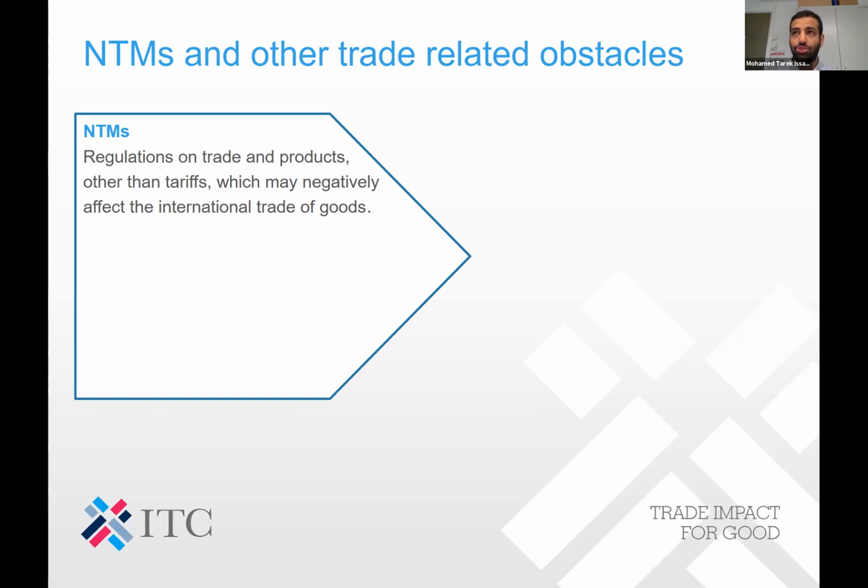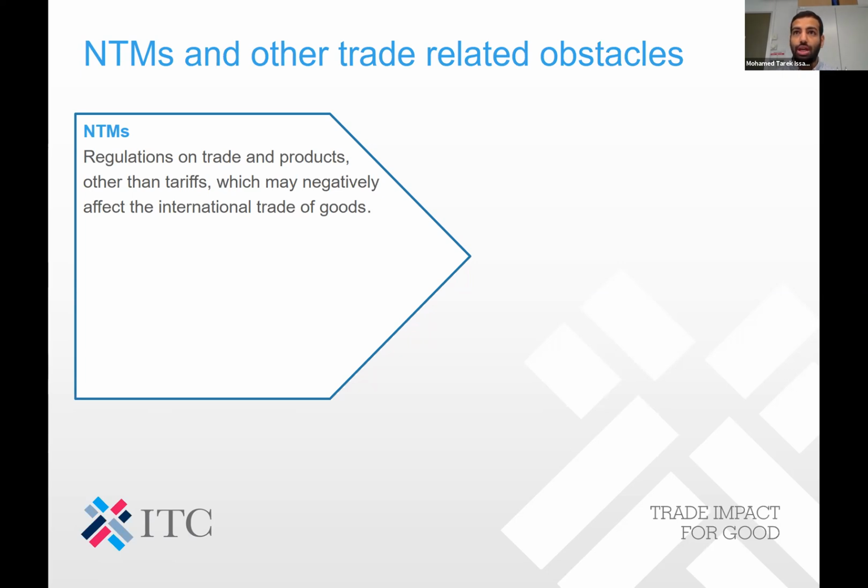Why is that? Because usually non-tariff measures are imposed for very valid and legitimate reasons. If you think about SPS and TBT measures, what is the objective? The objective is to protect human health and to protect plant and the environment.